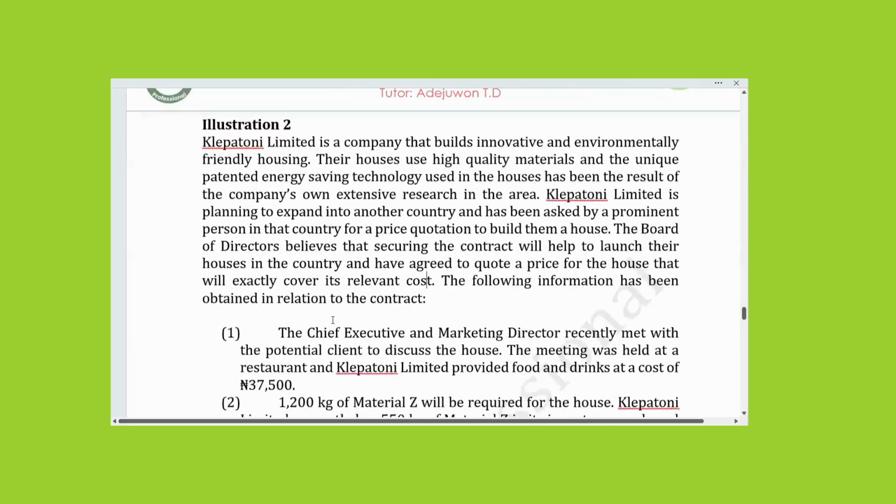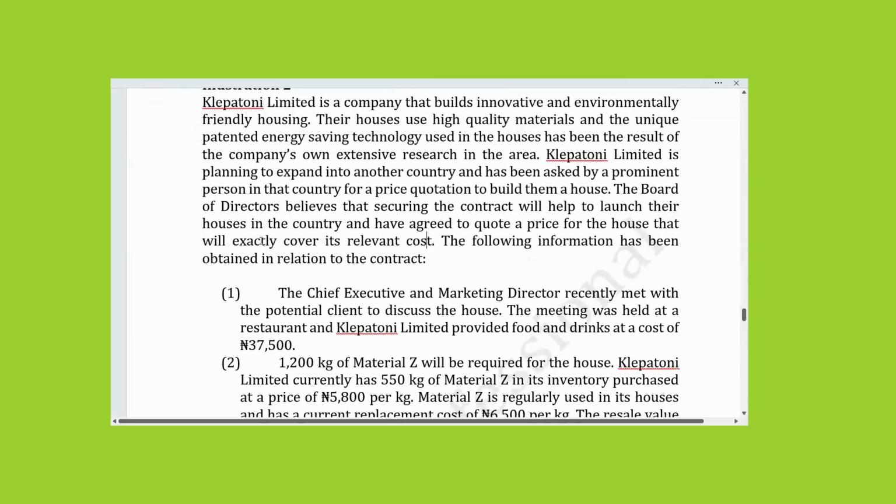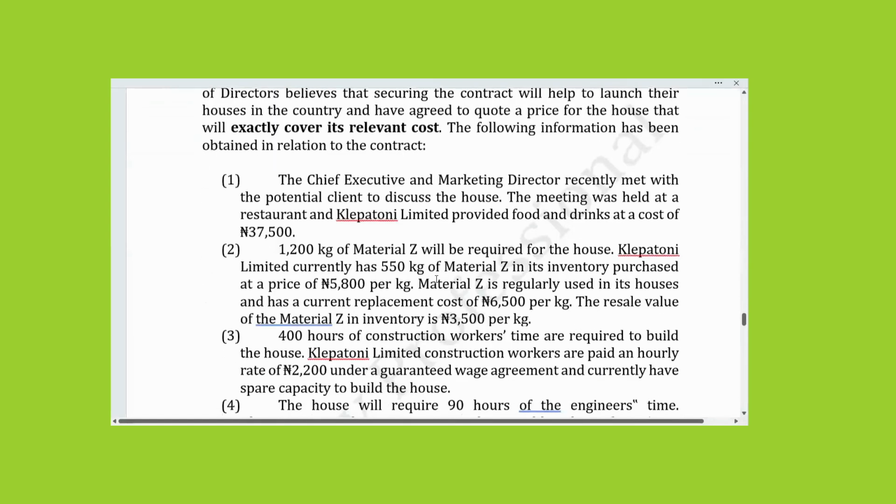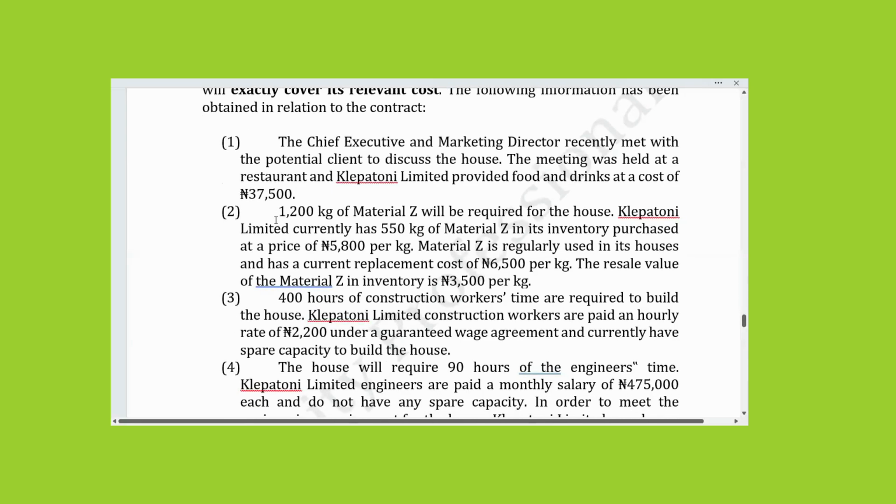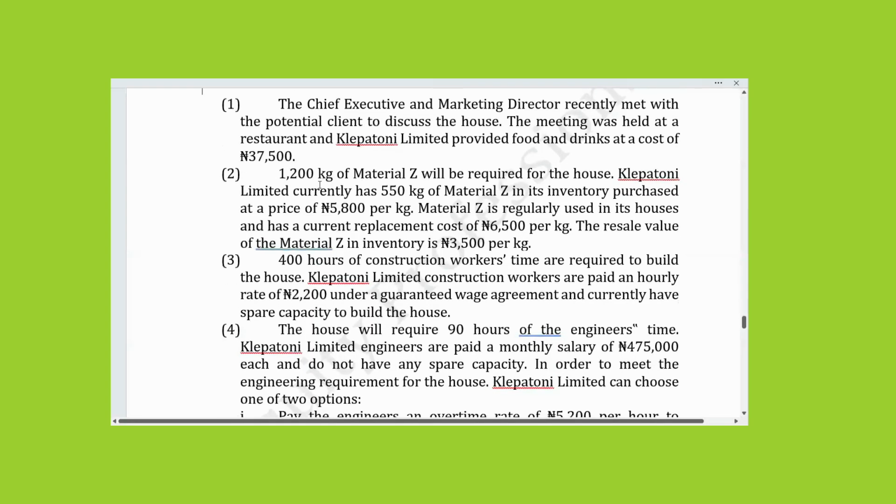1. The Chief Executive and Marketing Director recently met with the potential client to discuss the house. The meeting was held at a restaurant and Clepatoni Limited provided food and drinks at a cost of 37,500. 2. 1,200 kg of material Z will be required for the house.